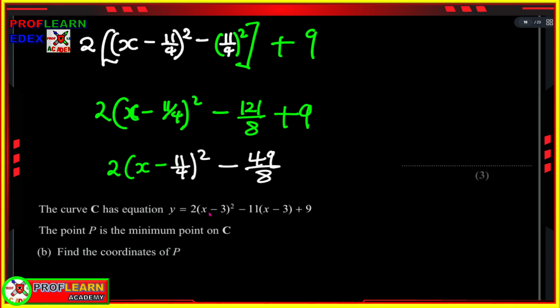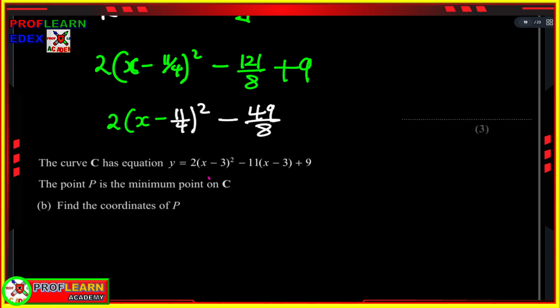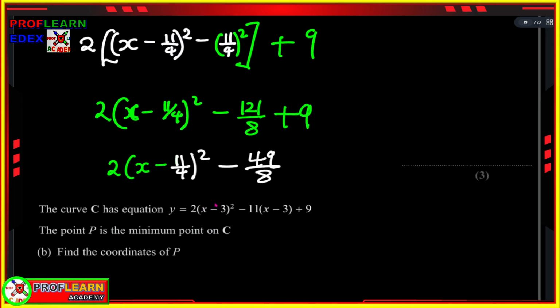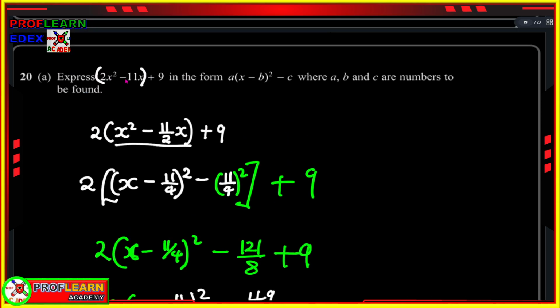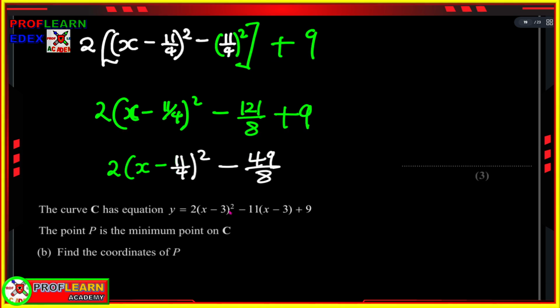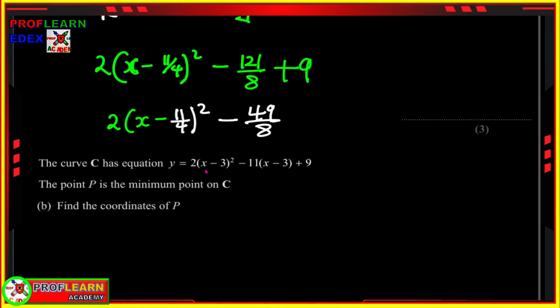Now the curve, as in this equation, is almost similar to what we were having, 2x squared minus 11x plus 9, only that it is having an inner term.